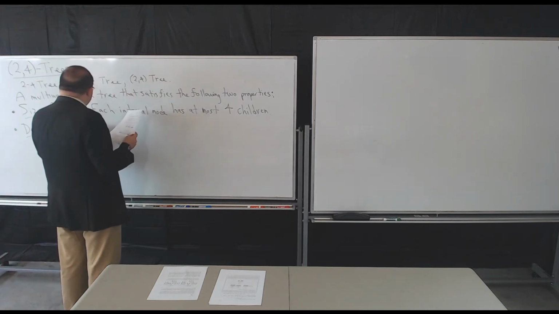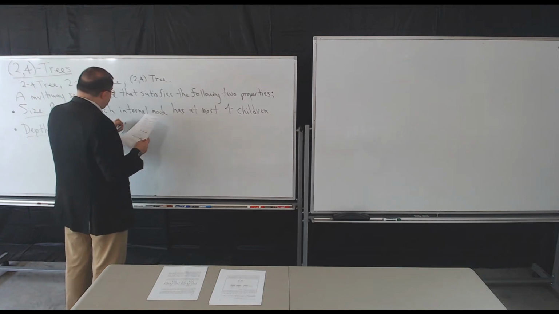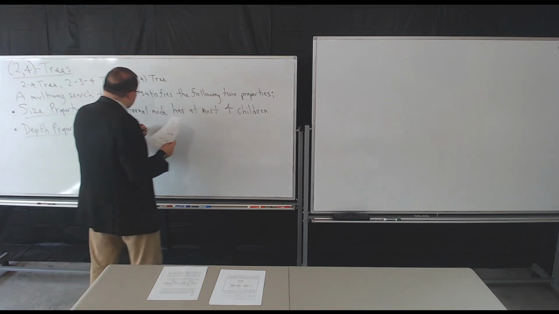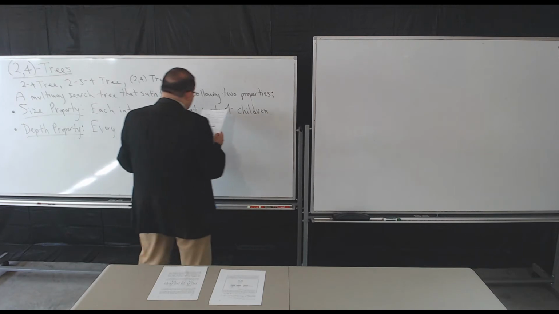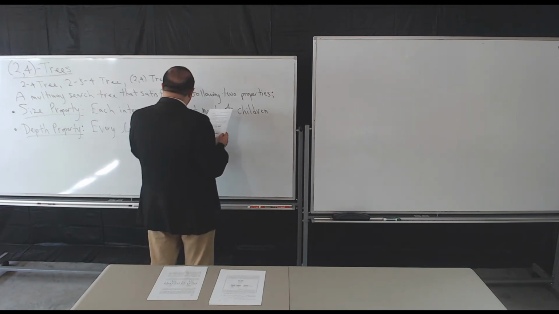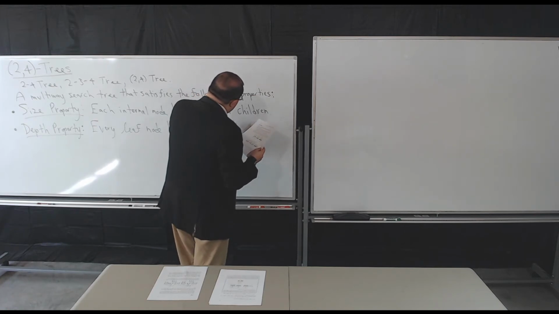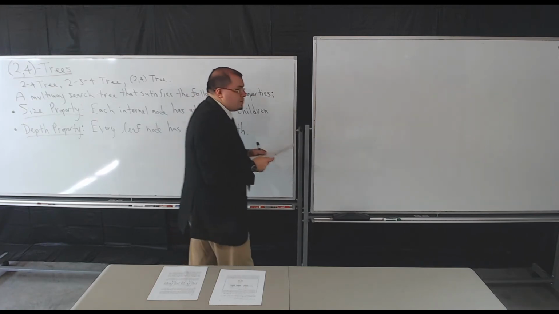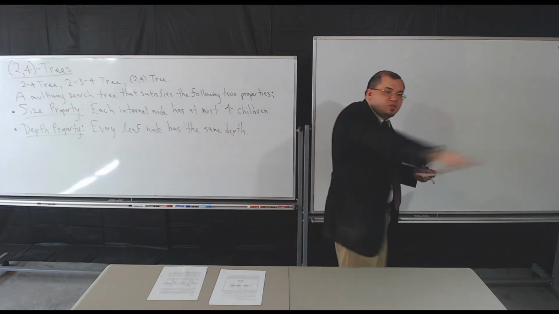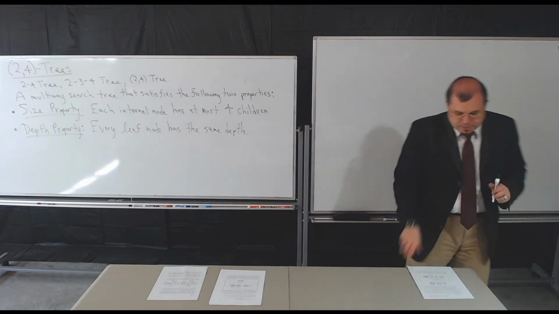So every leaf node has the same depth. If I looked at my tree, all the leaf nodes would be on the same level of the tree.